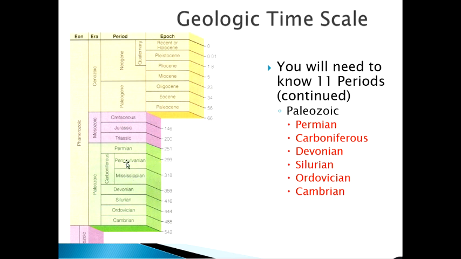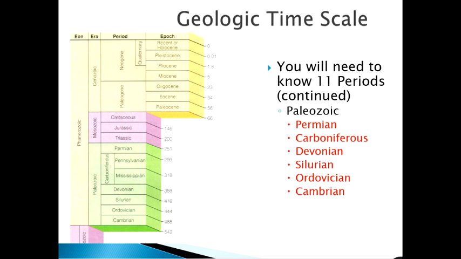You do not need to memorize these terms, Pennsylvanian and Mississippian. They are local to North America, time units that aren't recognized internationally. So you just have 1, 2, 3, 4, 5, 6.